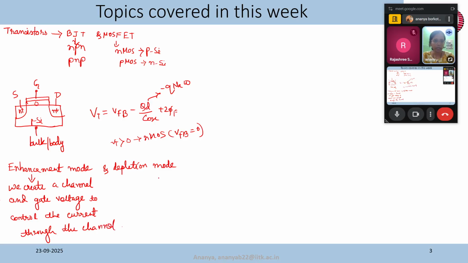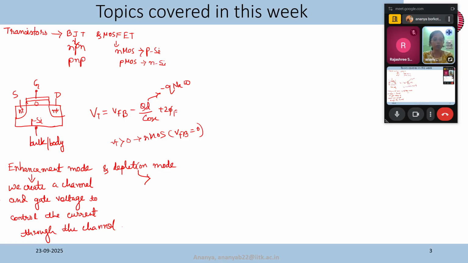Depletion mode is slightly different. We have discussed flat band voltage. If the bands are not flat, if the Fermi levels are not equal in the metal and semiconductor side, or if there are interface charges and other fixed charges present in the oxide layer, then there will be a band bending even before applying the gate bias.